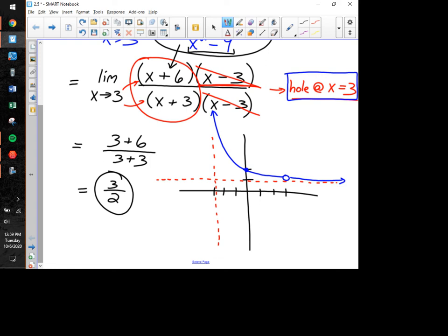I'm pretty confident that if this hyperbola exists in the upper right-hand quadrant, it also exists in the lower left-hand quadrant, but it's not a bad idea to put in a number to the left of your vertical asymptote, like maybe -4. That would get me a 2 on the top and a -1 on the bottom. 2 over -1 is -2, so that gives me a point right there, and now I feel pretty good about saying that the graph looks something like this.